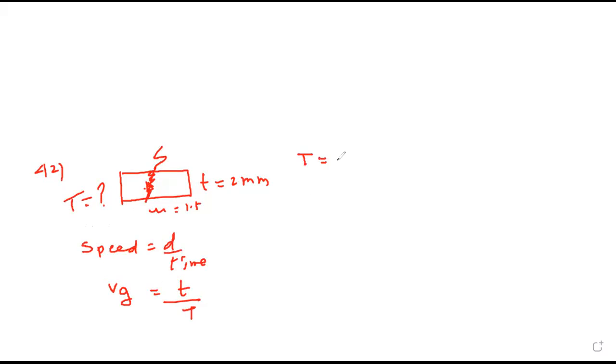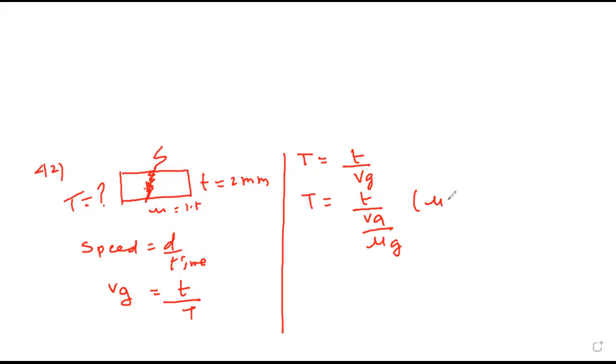So time is thickness upon Vg. Can I write Vg as Va upon refractive index of glass? Because mu of glass is V in air upon Vg. And I also know V and mu are inversely proportional, so directly written. Understand this line. So mu of glass goes up, t upon Va.